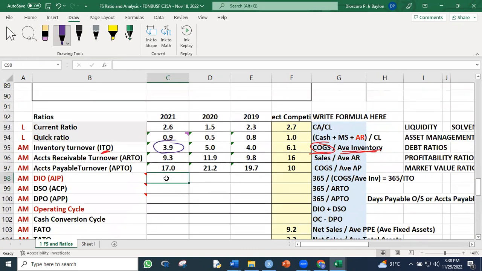We'll start with this one, is equal to operating days divided by, so take note, divided by APTO. So it's just like the turnover of the APTO. 21.5 days. Let's copy this to the right.